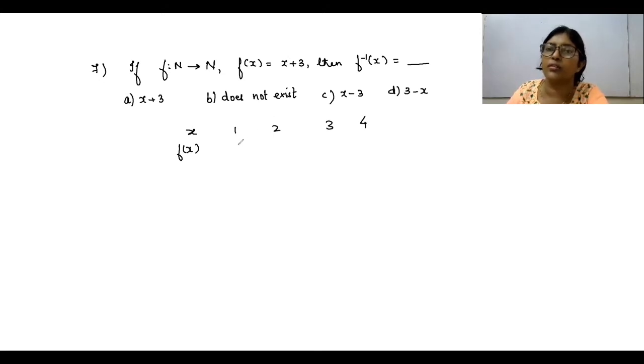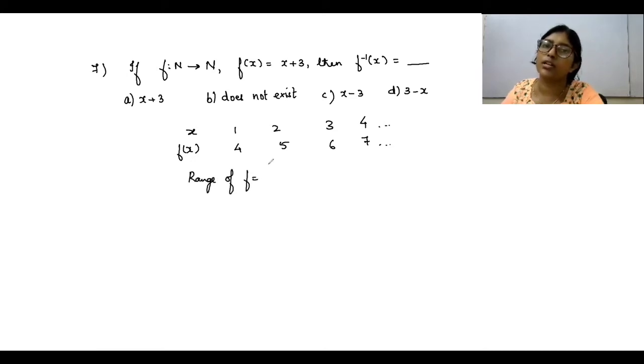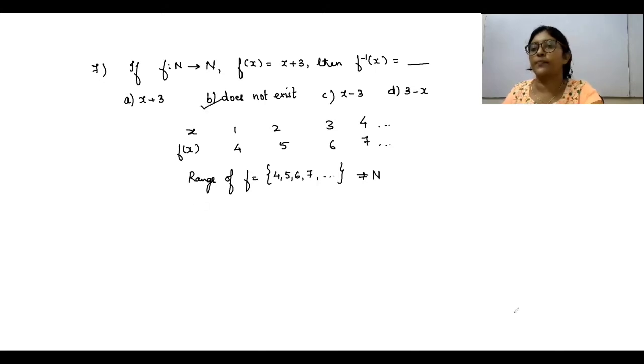When you put 1, then 2, none of the values are repeated. Of course there are more values, but the problem is that the range of f is not the natural numbers. It begins from 4, which is not equal to the codomain, and hence f inverse x will not exist.